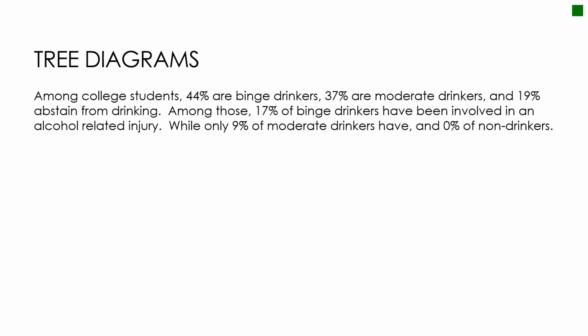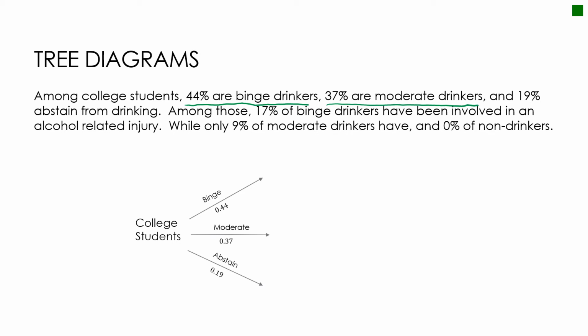So the way that I set mine up is I again started by looking at the first category, which is drinkers. So binge drinkers, moderate drinkers, and abstainers. And notice that I took my college students, I broke them into 3 groups.